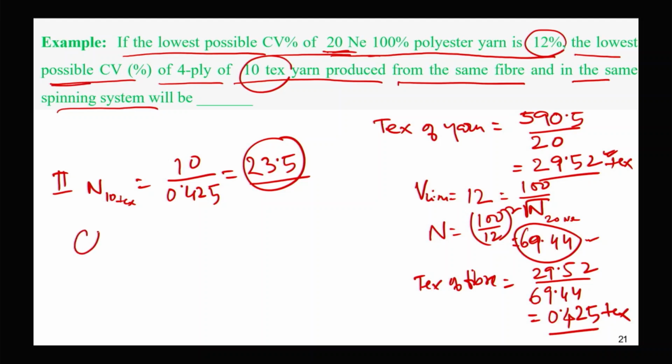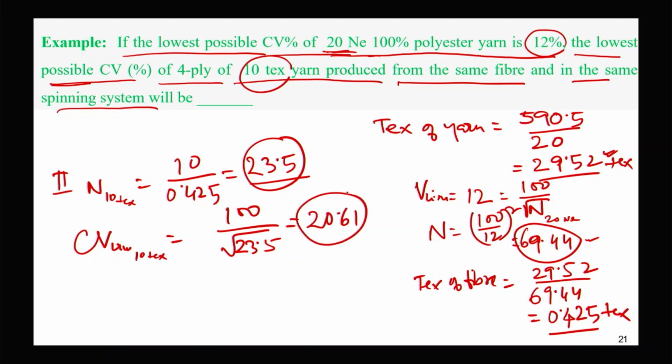The CV limit for 10 tex will be 100 by under root 23.5. This value is 20.61. That is the CV limit.